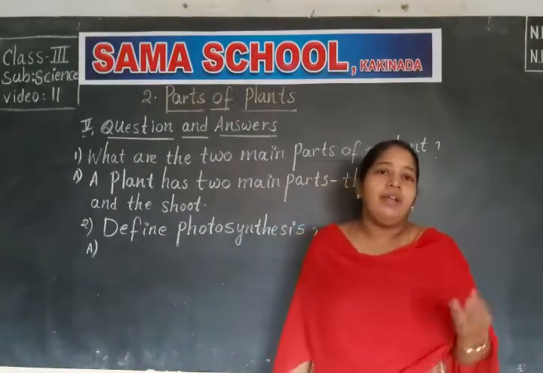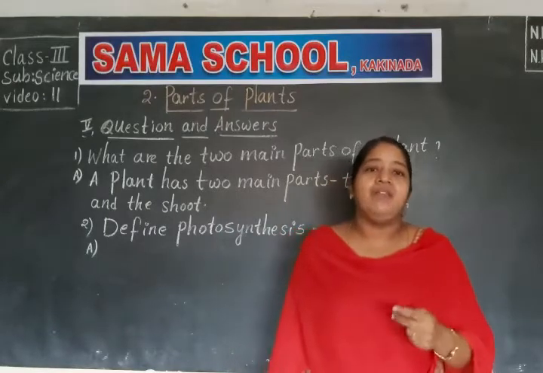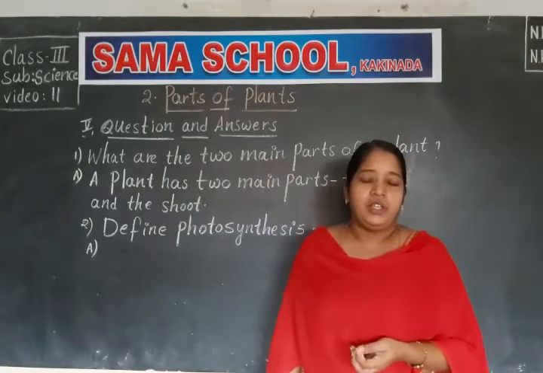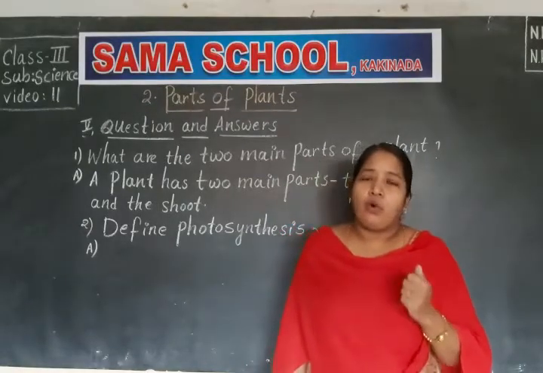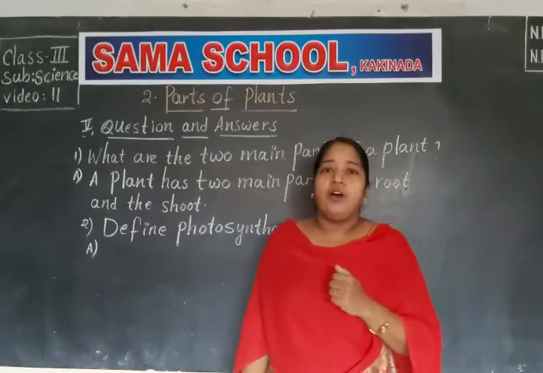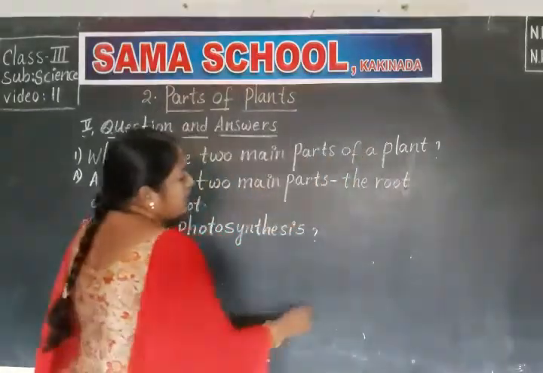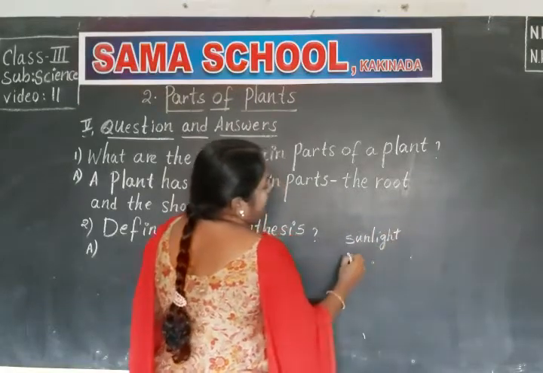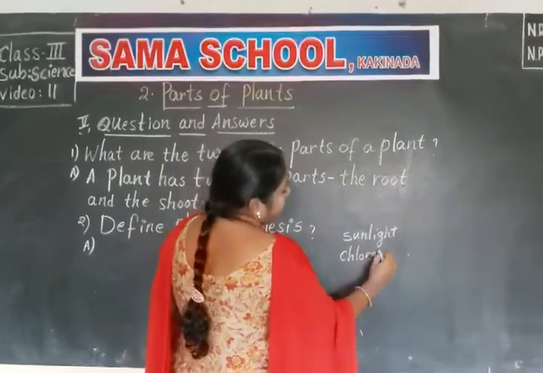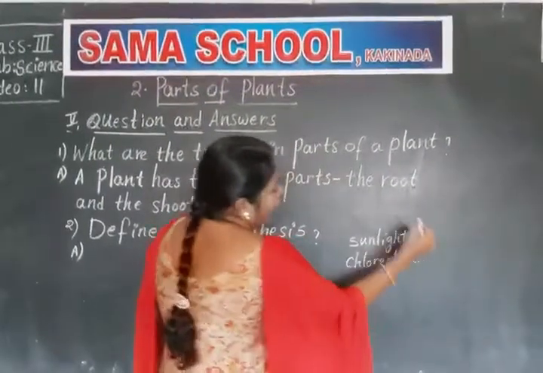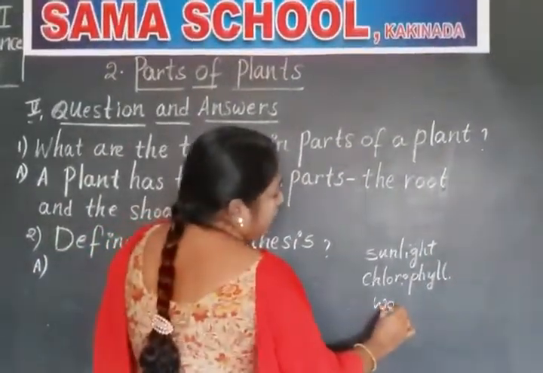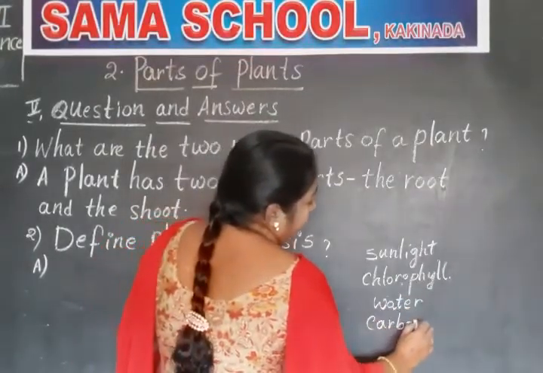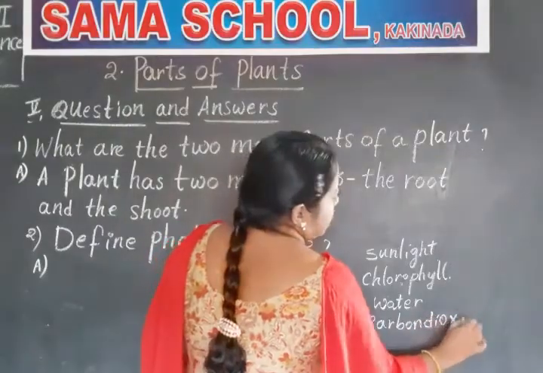So among all the living things, plants are the only living things that can prepare their own food material. Right children? So plants can prepare their own food material with the help of sunlight, chlorophyll, next water and carbon dioxide.